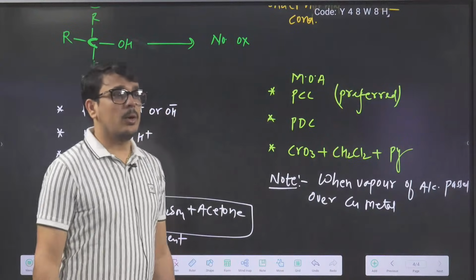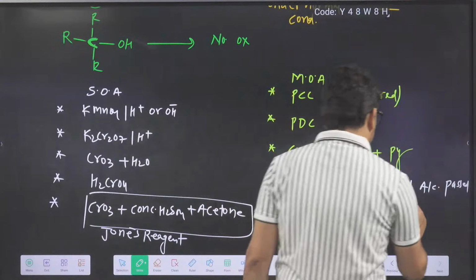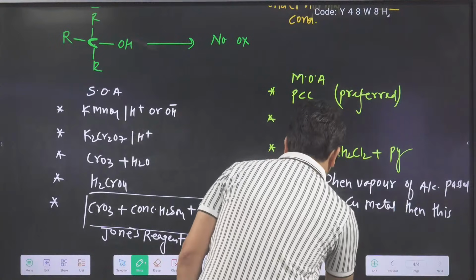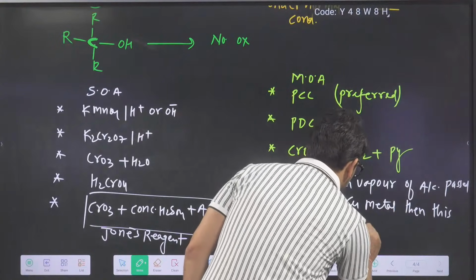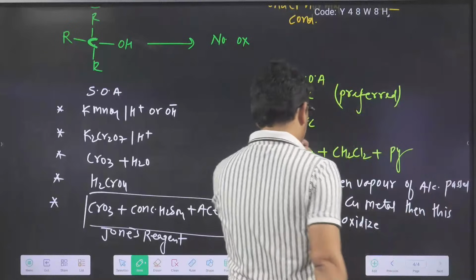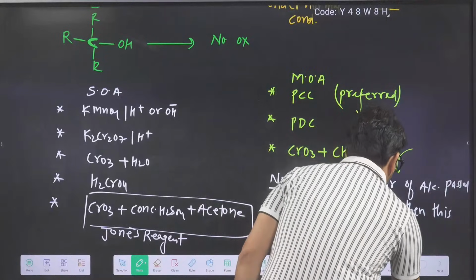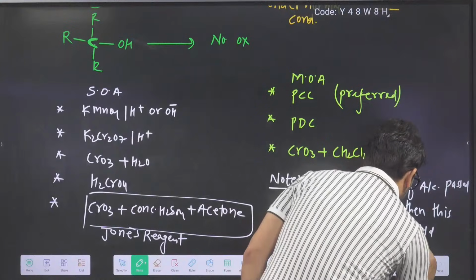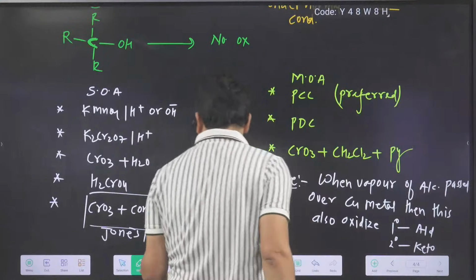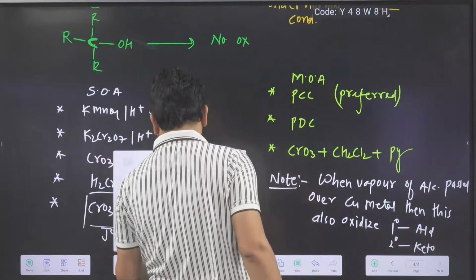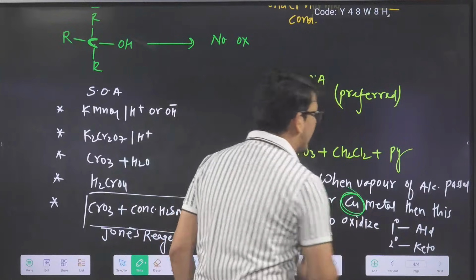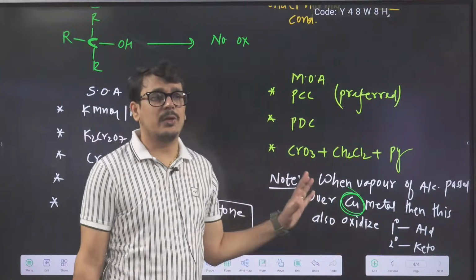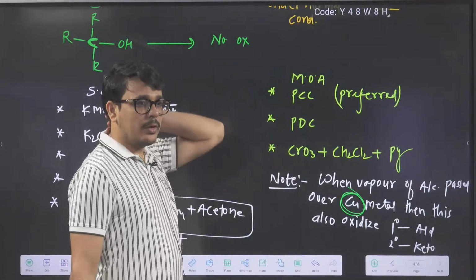When vapor of alcohol is passed over copper metal, it also oxidizes 1 degree alcohol to aldehyde and 2 degree alcohol to ketone. And remember, here copper is acting as a catalyst, not as an oxidizing agent. Clear to everyone?